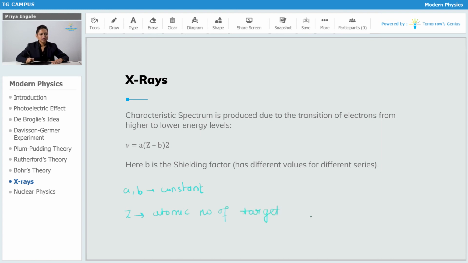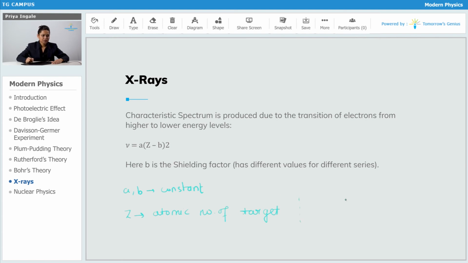That means if I am using tungsten, then Z is the atomic number of tungsten. So it depends on what target the electrons are colliding with, and after collision what characteristic X-ray will be formed. So this is the dependency.